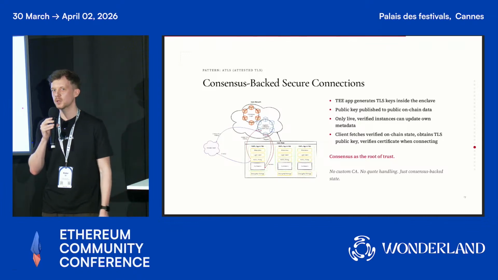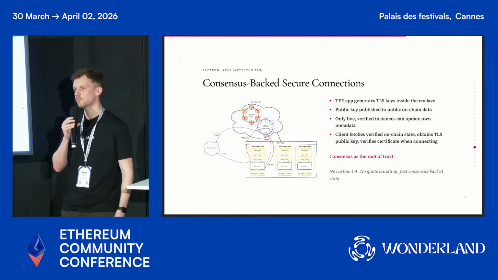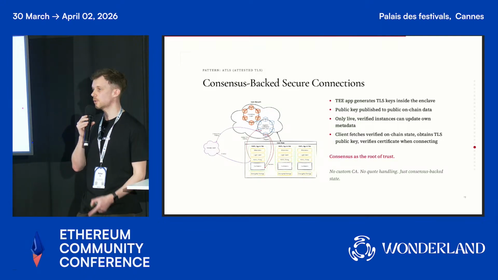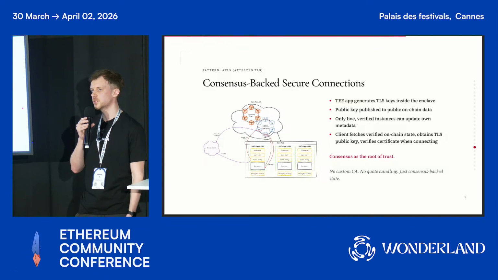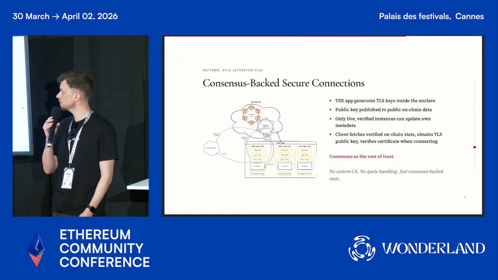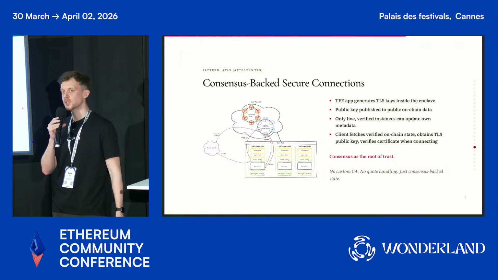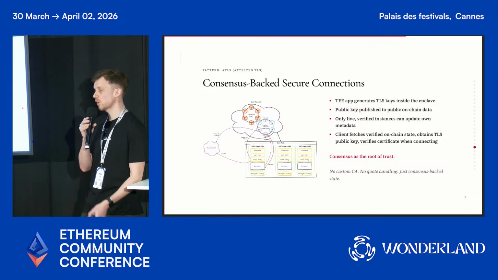It's basically: if you run a server inside the TEE, how can you establish a TLS connection directly with that server without relying on any third-party certificate authorities or something like that? And the idea is quite similar to the previous ones. So the TEE application on startup generates a public and private key pair for TLS. It publishes the public key on chain.